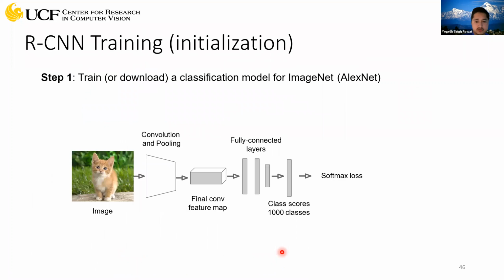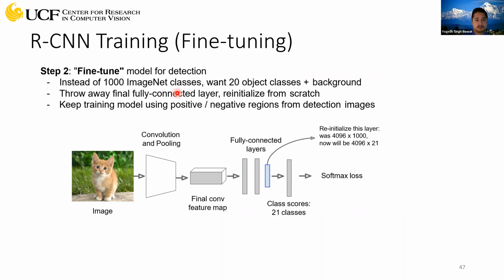Okay, so let's go through these steps again. What we do is we will use a classification model. In this case, they use AlexNet. You can use any other classification model. It could be ResNet or InceptionNet. It's perfectly fine. Next, you will fine-tune that backbone network for your target dataset.